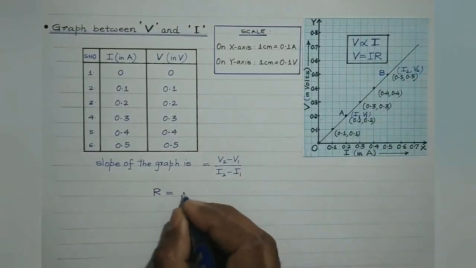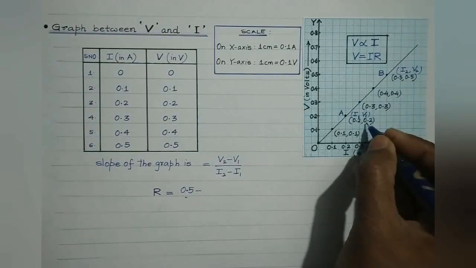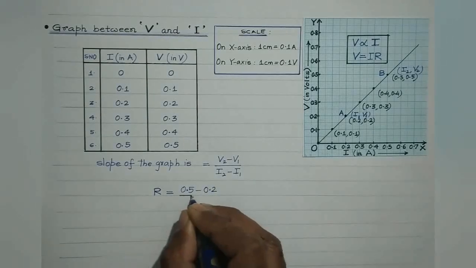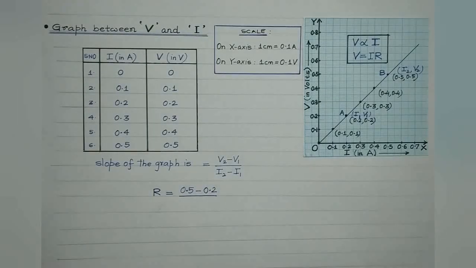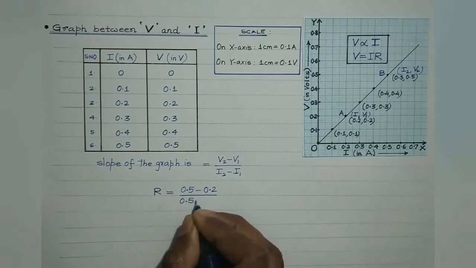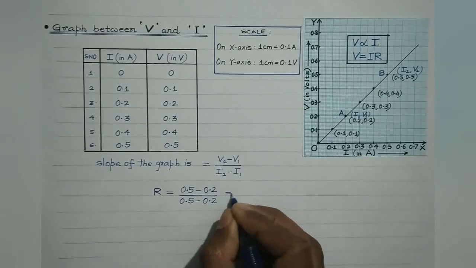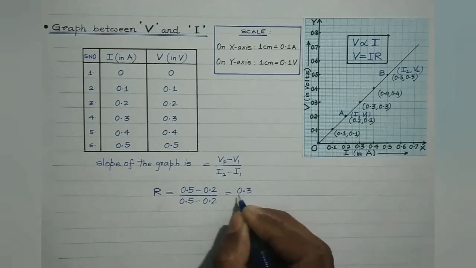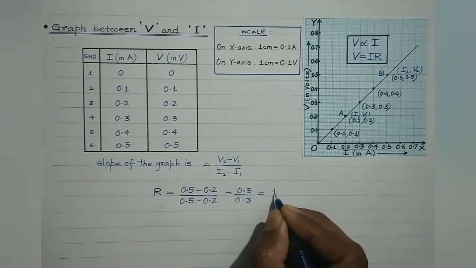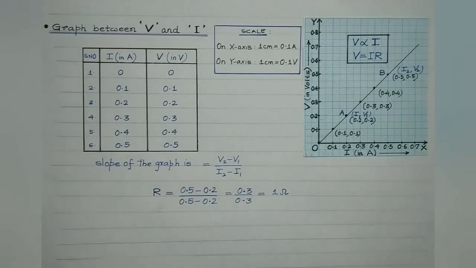V2 is 0.5 minus V1 which is 0.2, divided by I2 minus I1. I2 is 0.5 minus I1 which is 0.2. So it is 0.3 divided by 0.3. So it comes out to be 1 ohm. Right? So this is the value of resistance.